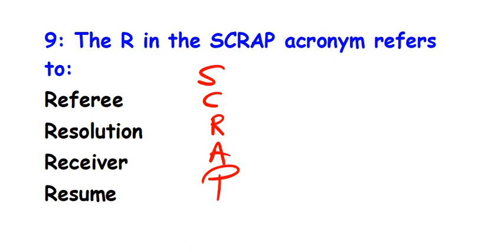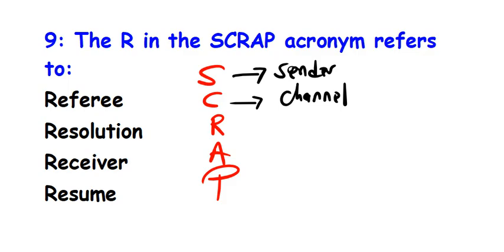Okay, and then from the literature I found, SCRAP just means the S in this case is the sender of the information, okay? Then the sender is using a certain channel, or what you might want to call a medium. Then after that message has been sent, the R in this case, which they are asking us, the receiver is going to receive that information, okay?